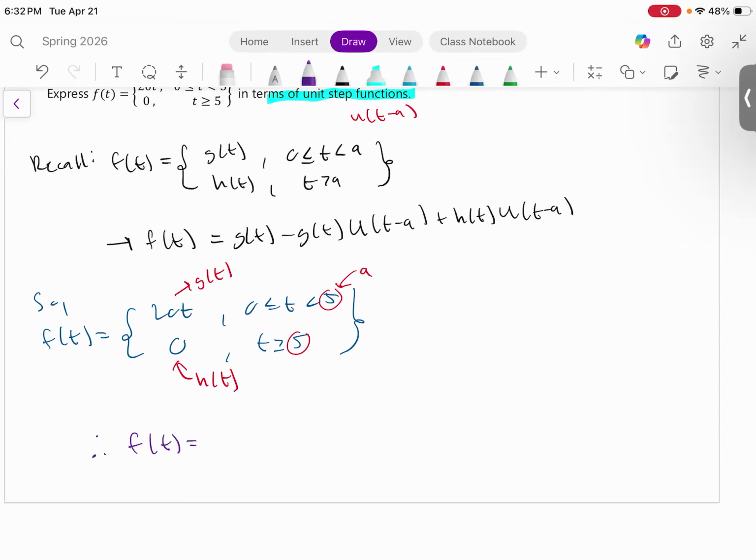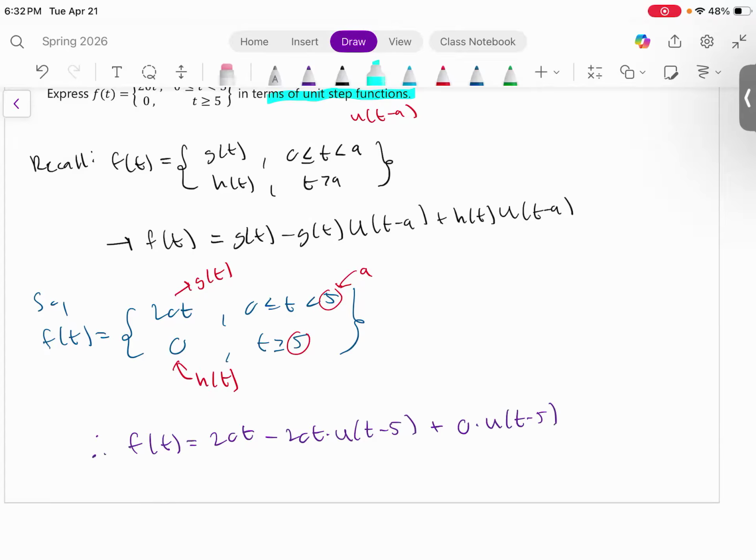Therefore, writing this in compact form with the unit step function, we get 20t minus 20t times the unit step function u of t minus 5, plus h of t, which is 0, times the unit step function of t minus 5.